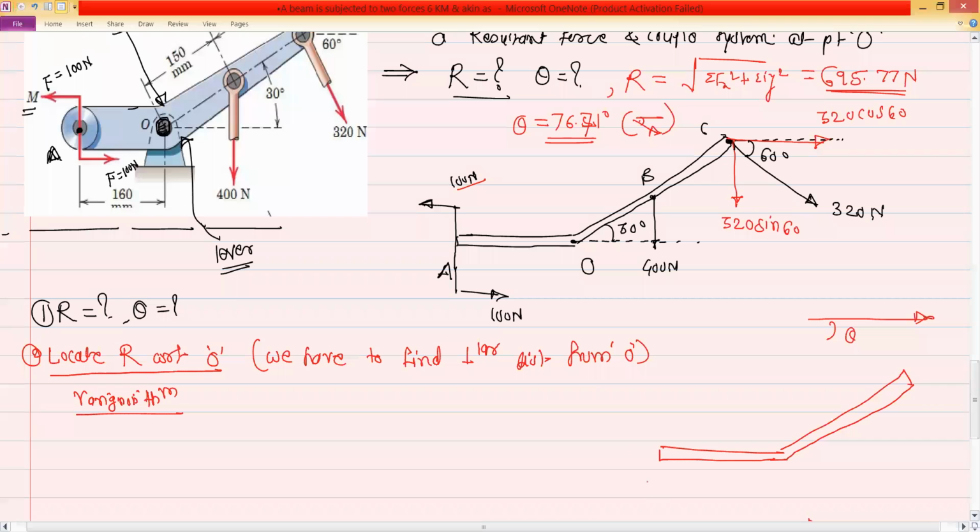So this is the beam or the lever. Okay, so this is point A, this is point O, and this is point C. We will assume the resultant is acting like this, which is in the fourth quadrant.